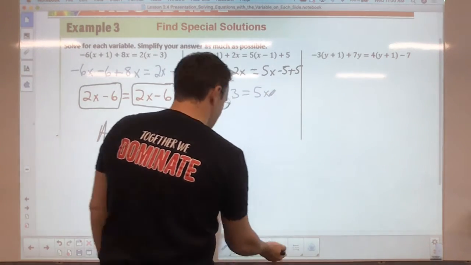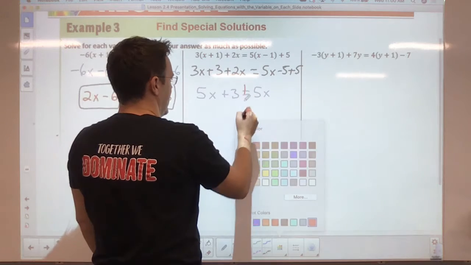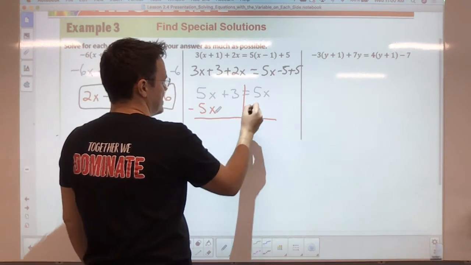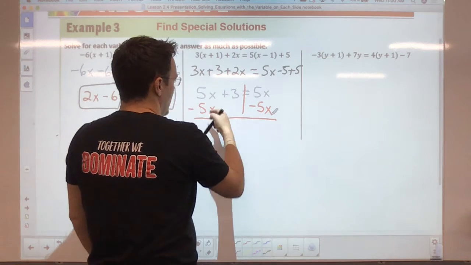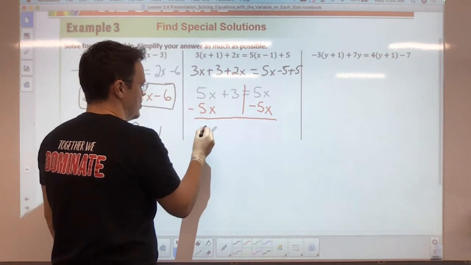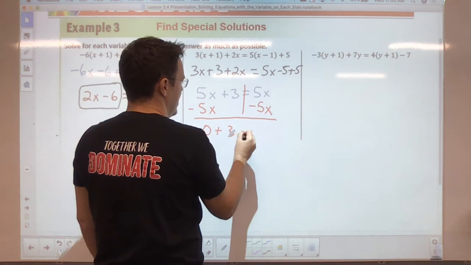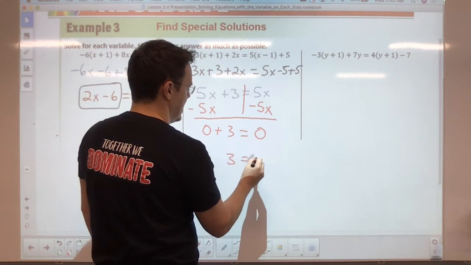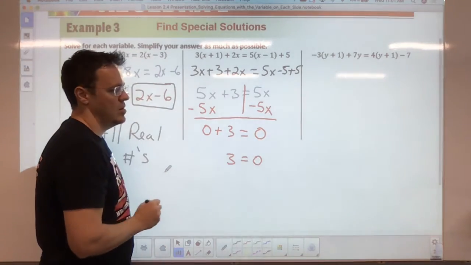Now, if I, ladies and gentlemen, at this point decide, all right, let me simplify it one more time, and I subtract 5x, well, 5 minus 5 is 0, plus 3 equals what? 0. So my equation ends up being like this, 3 equals 0.